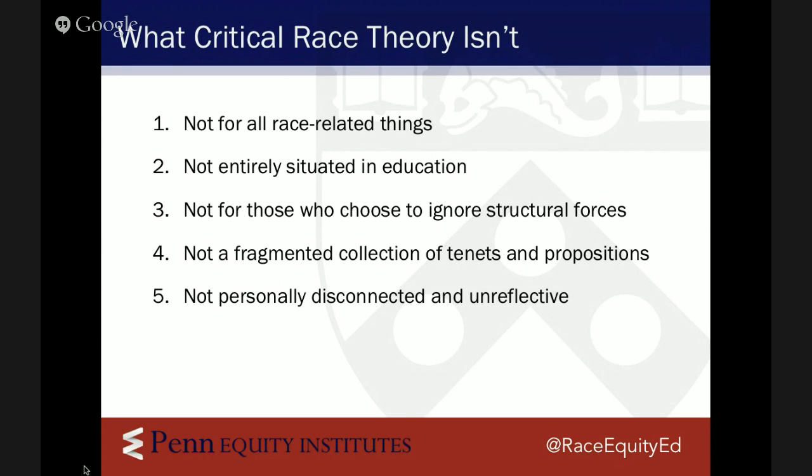And they won't connect those things throughout their analysis and at the end of their paper when they're making sense of their findings. So we encourage people to move beyond simply listing the tenets, but to think about how the tenets relate to each other, and how they relate to the research questions that you're pursuing in your own work.